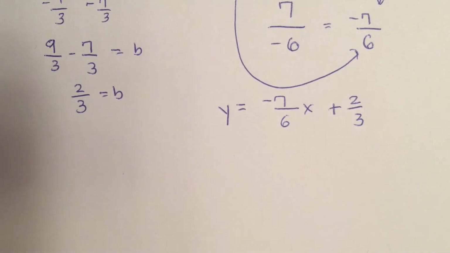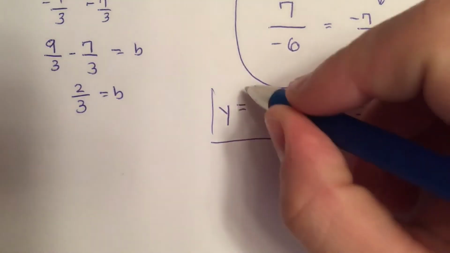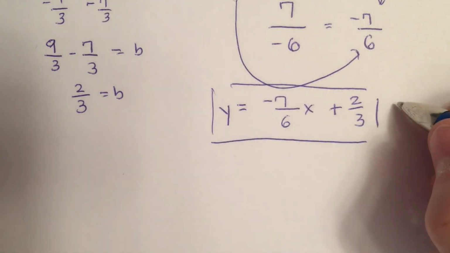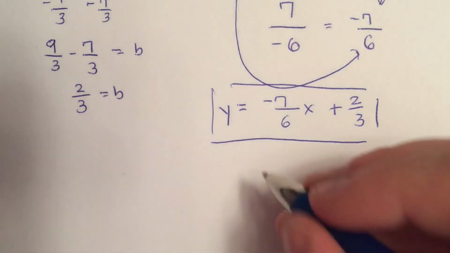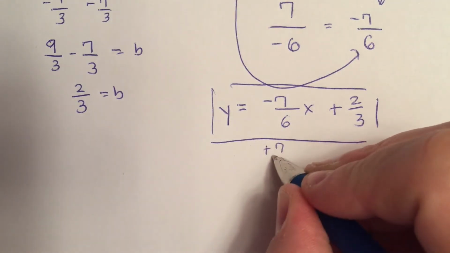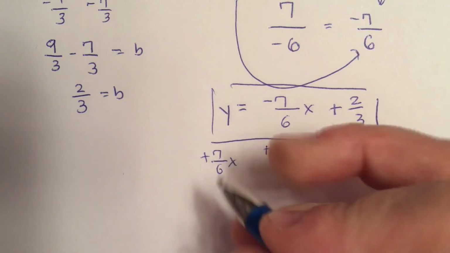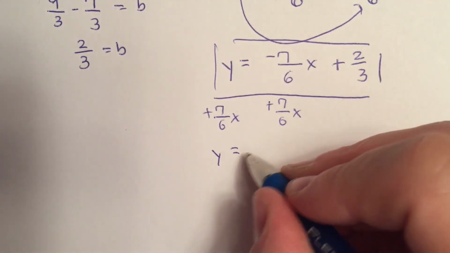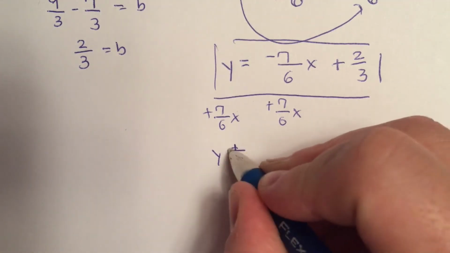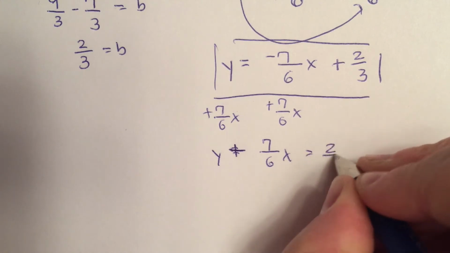What form is this? Well, this here is slope-intercept form. We're going to try to find standard form. First, we're going to add 7 over 6x to both sides. I get y plus 7 over 6x equals 2/3.